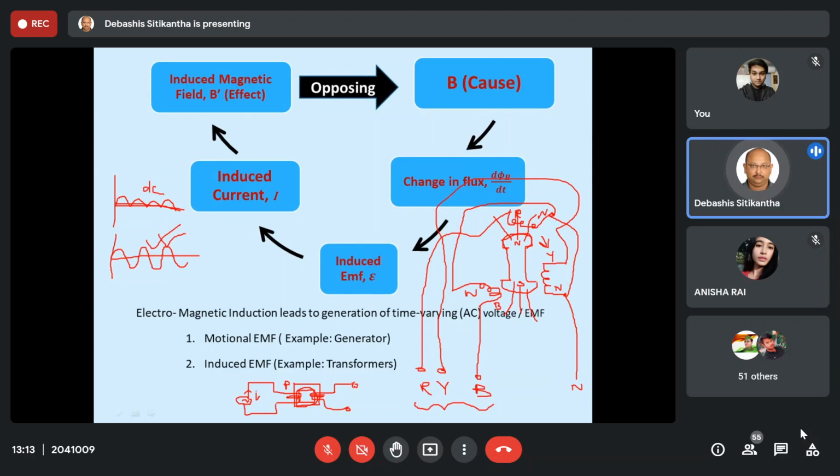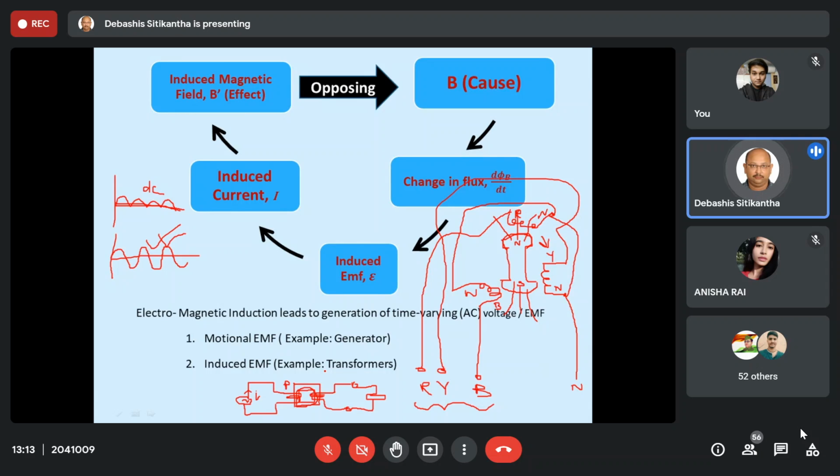So an EMF is going to be generated over here. If you connect a load over here, it is also going to drive that load. This is known as your induced EMF, and this finds a lot of application in transformers and autotransformers. There are multiple kinds of transformers, and they all make use of this induced EMF for their working.